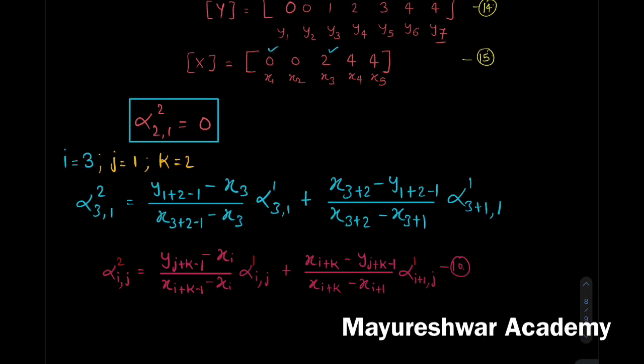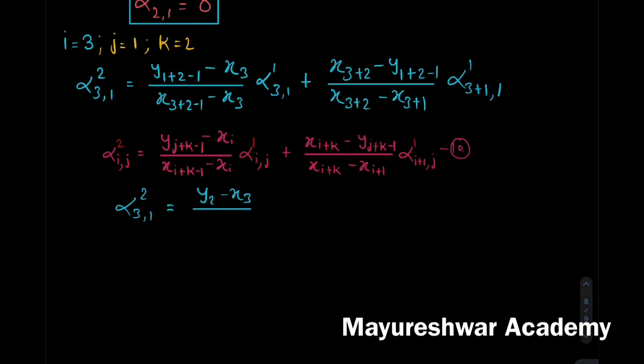Okay, so alpha 3 1 is equal to y2 minus x3 divided by x4 minus x3, and remember this left and right combination is identical, only the order is different. So x5 minus y2 divided by x5 minus x4 alpha 4 comma 1.